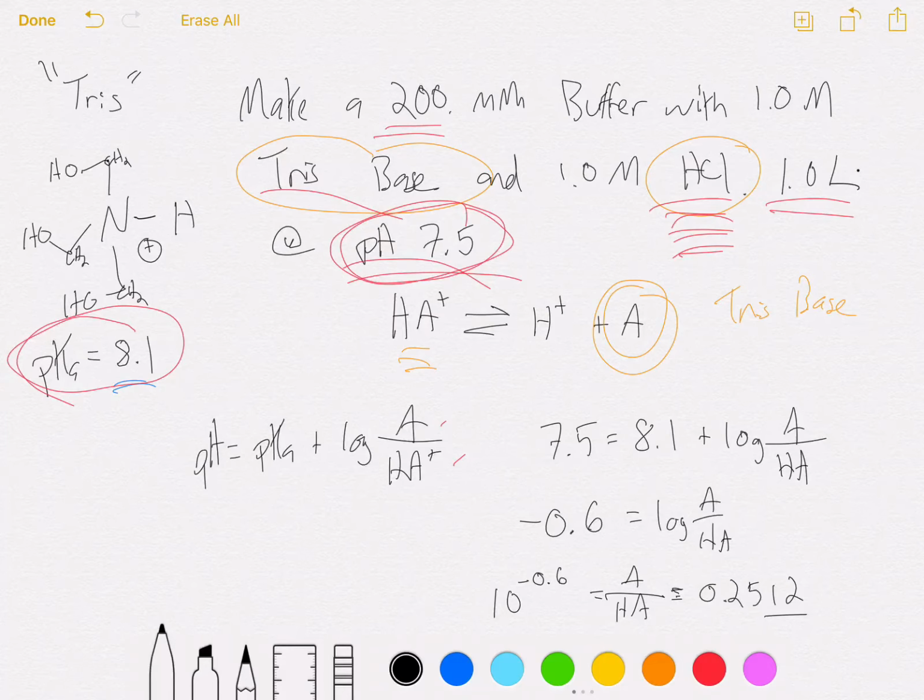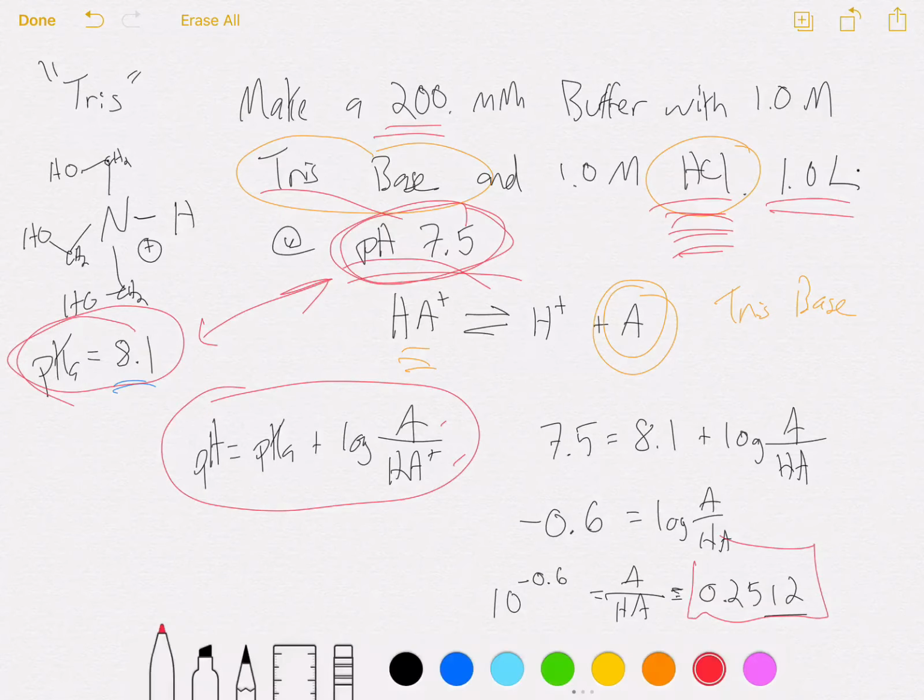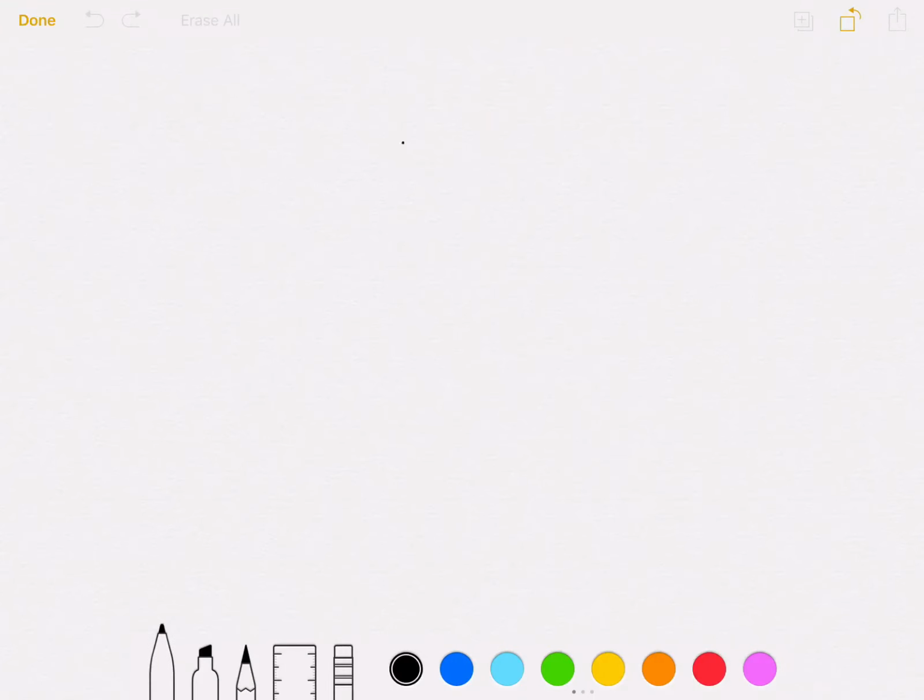We know it should be between 0.1 and 10 because we've already determined that our target pH and our pK value are in the acceptable 1 pH unit range, which, if you look at the Henderson-Hasselbalch equation, is the definition of a 0.1 to 10 ratio. And when we go through the math, we see that indeed this ratio is larger than 0.1 and less than 10.